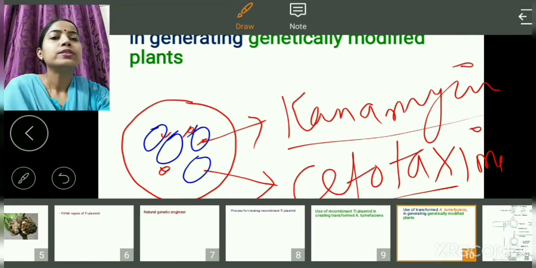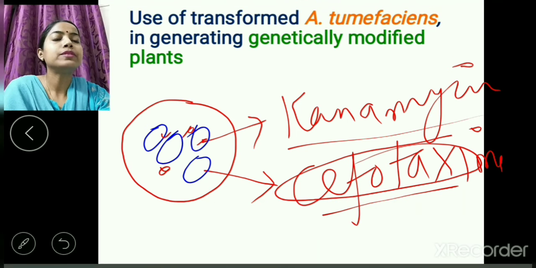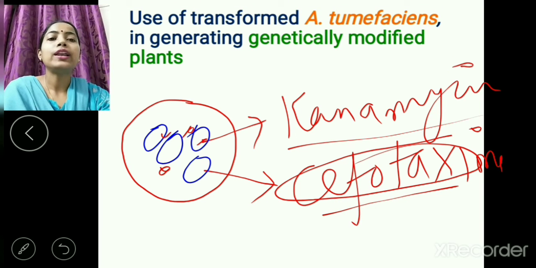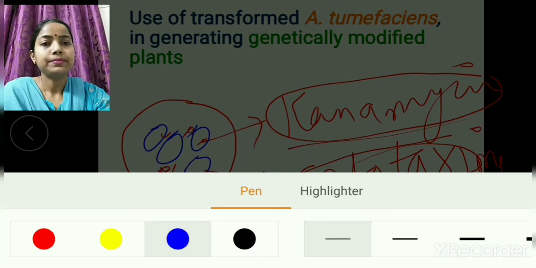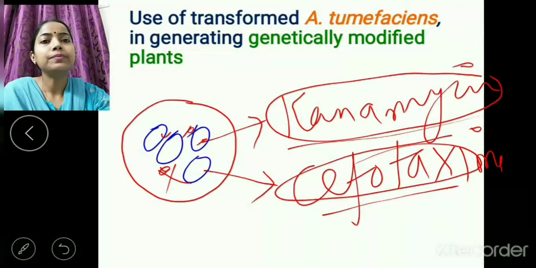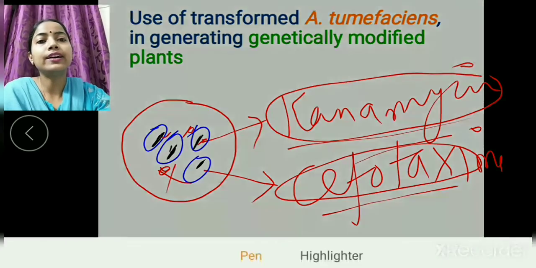Okay, so what is this cefotaxime going to do? Cefotaxime will kill the bacteria so that they further will not interfere with the growth of plant cells. And what will this kanamycin do? Kanamycin will help in selecting those plant cells which are carrying the foreign gene.